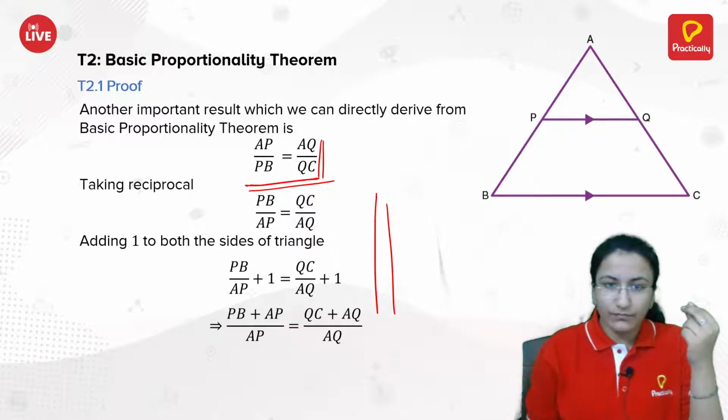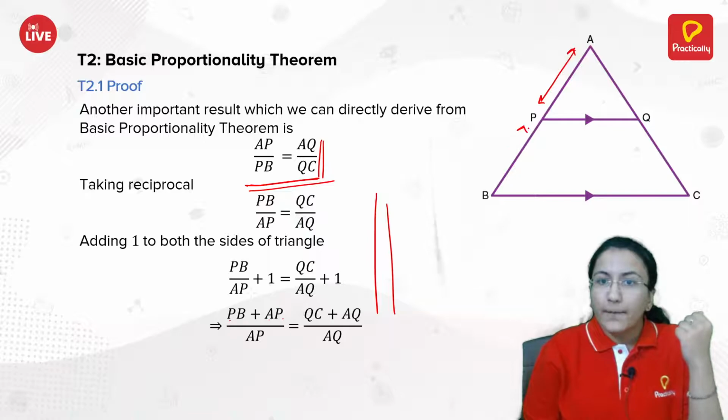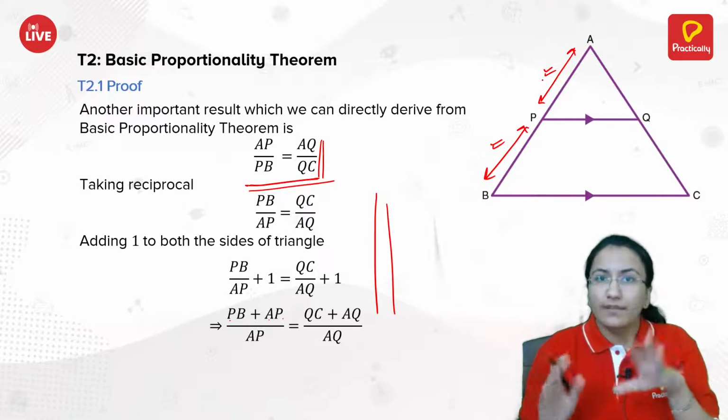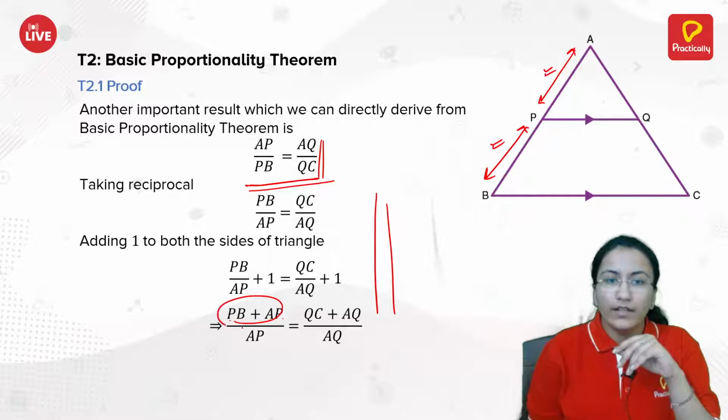Okay, by adding 1, basically what we have done, if we take the LCM, you will see that PB plus AP. From the figure you can see that PB, this quantity, plus AP means something in geometry, right? It can be written as AB.